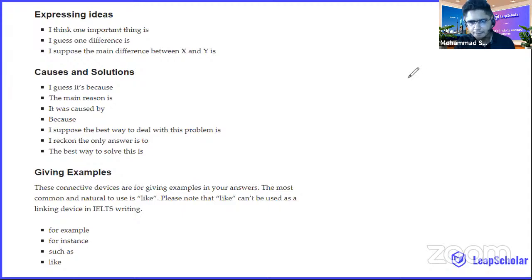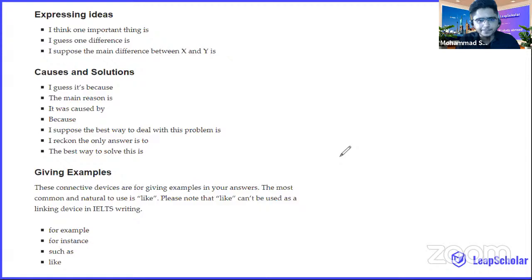Hello, sir. I guess one difference between the Lamborghini and the Bugatti is that Lamborghini is much shorter in height. Okay, its height is less. Yes, sir. Okay, great.